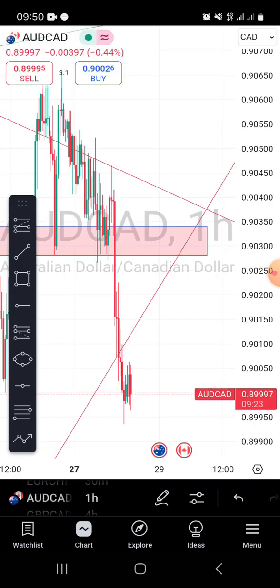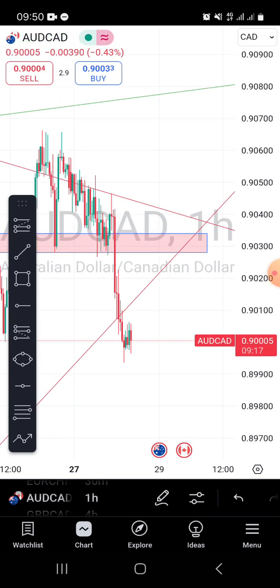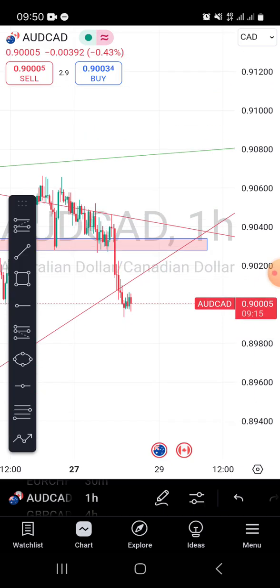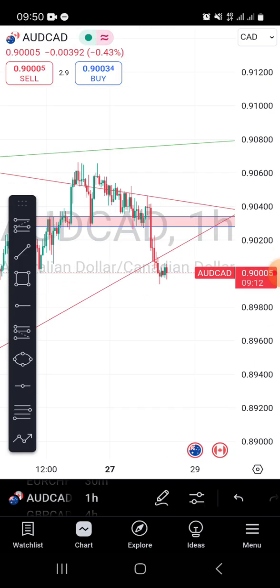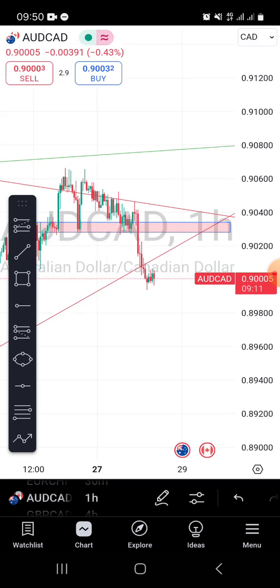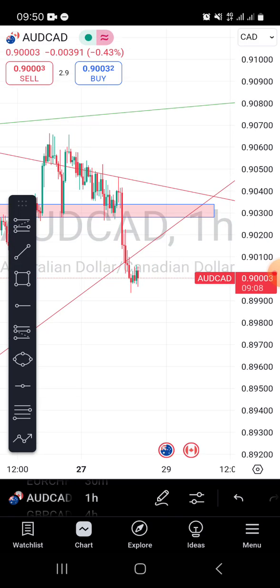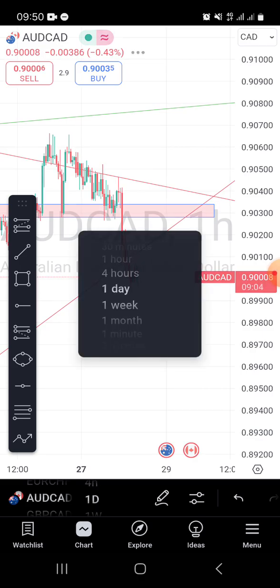AUD CAD. AUD CAD is one pair that I missed. I analyzed it yesterday and was hoping I would be able to take my entry on it. However, I don't trade the Asian session, and the market has already moved during the Asian session.